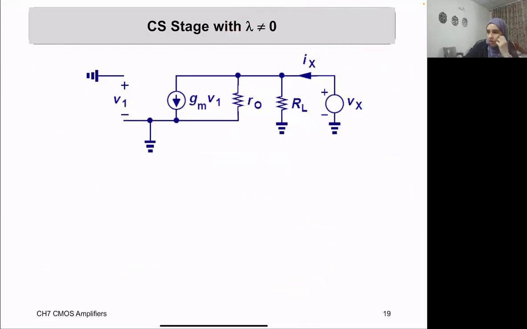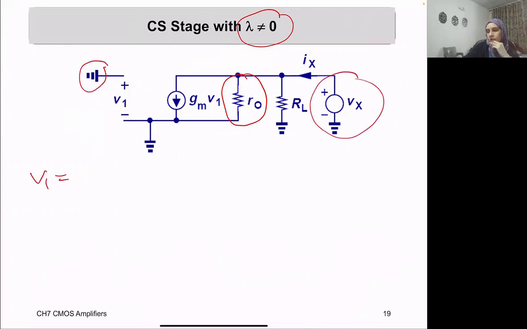Okay, now we are supposed to do it if lambda is not equal to 0. This means we have the addition of rout here. Again, we shorted the input, we applied the test source, and V1 remains equal to 0 here, and therefore no current is going here.